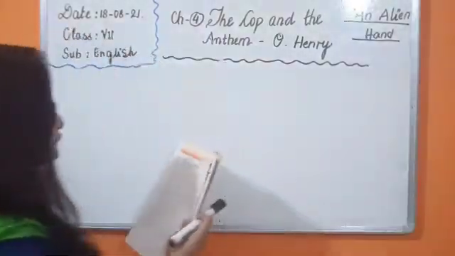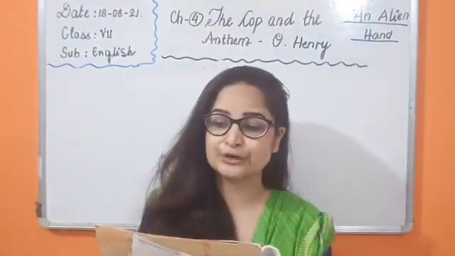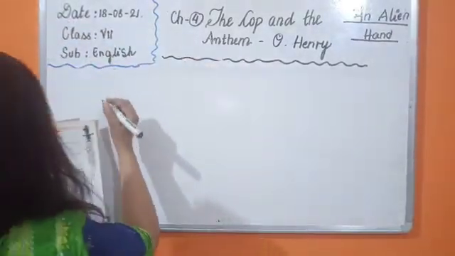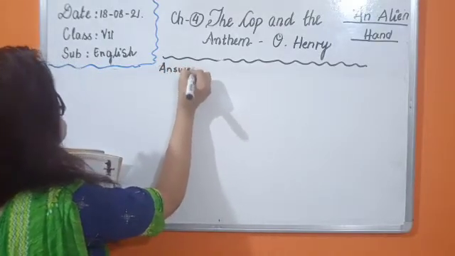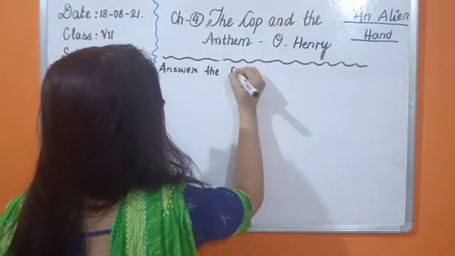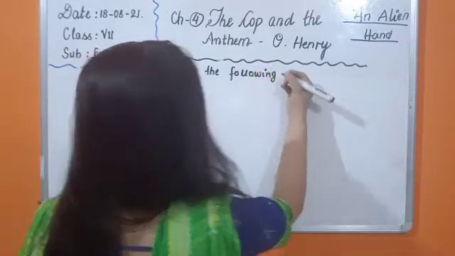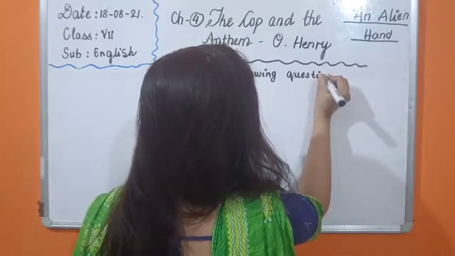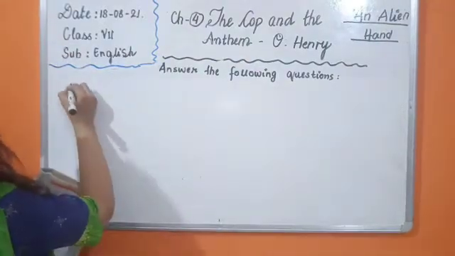The first question: what are some of the signs of approaching winter referred to in the text? Let's write this answer. Children, I'm not writing the question. You will have to write the question. Answer the following questions. Number 1.